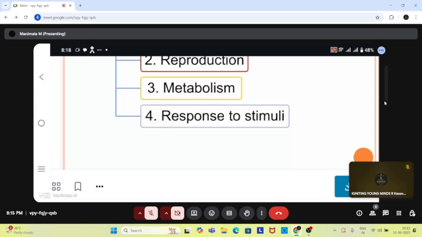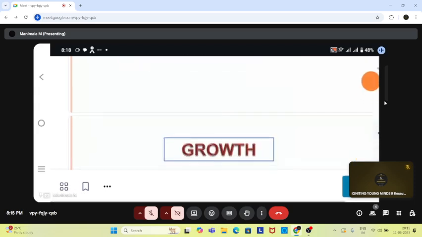When we touch the plant, the leaves droop down automatically. That is due to water moving from one cell to another cell. That is called an electrochemical means of communication. So that is also one of the ways the plant responds to stimuli.